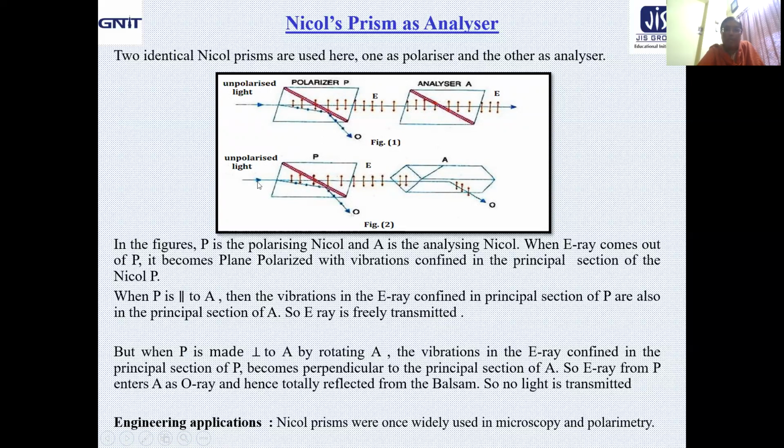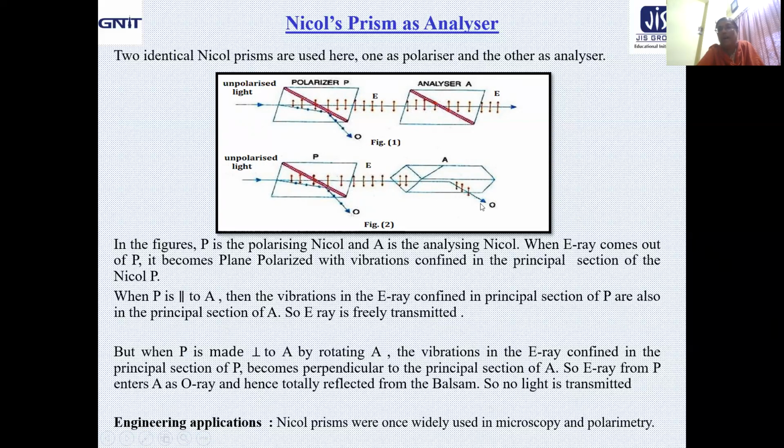Now listen very carefully. The E ray having vibrations in the principal section of P is now entering inside the analyzer A, but this time its vibration will appear with respect to the principal section of A as perpendicular to its principal section because you have rotated A through 90 degrees with respect to P. That means it will behave as the O ray.